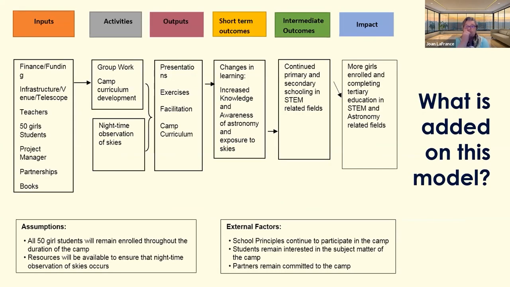Now, I want to say what's added. This is just a model. I took off the image using more of the linear model that goes from left to right. But what's been added in this model? Can you put that into the chat?